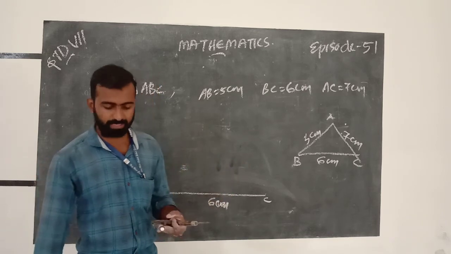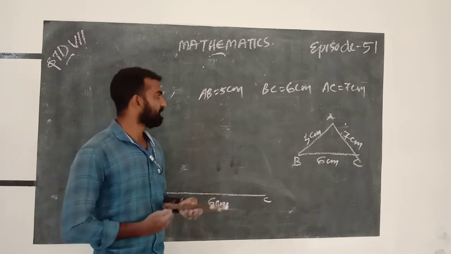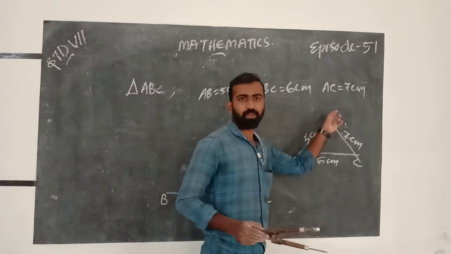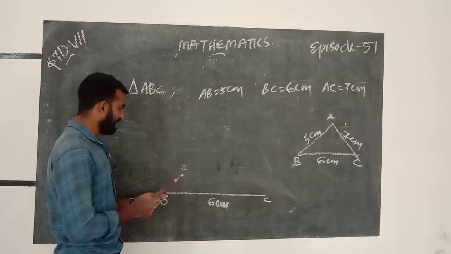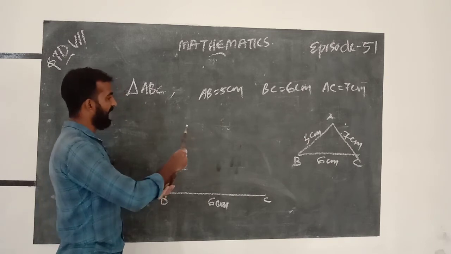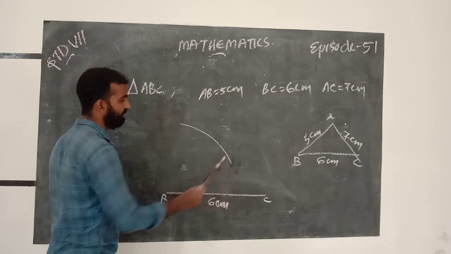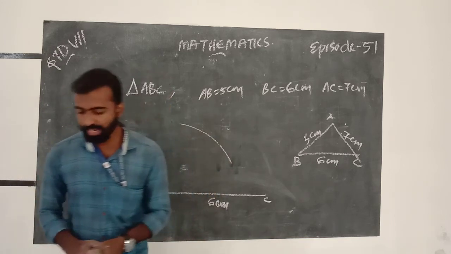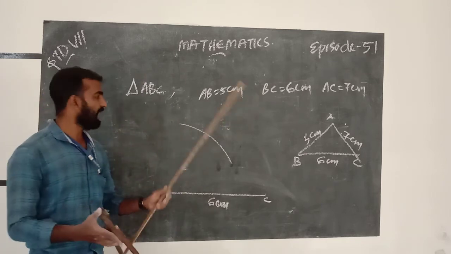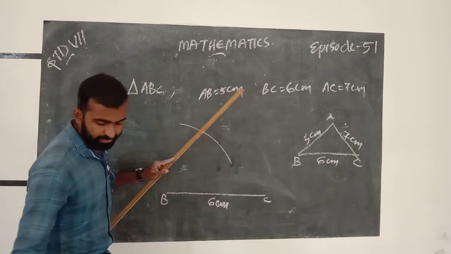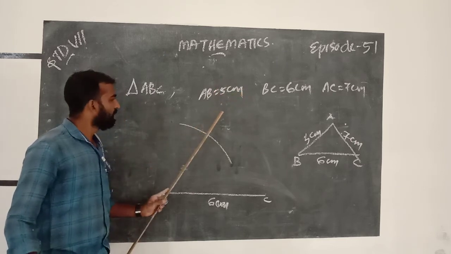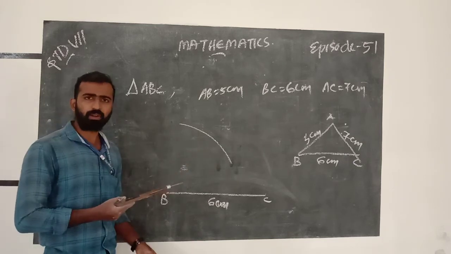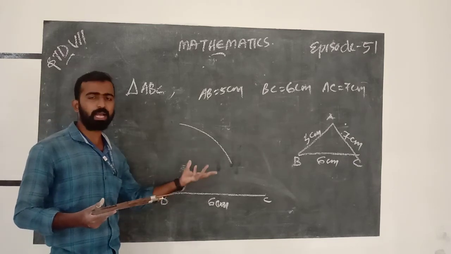We take 5 centimeter, B to A. So we take B as the center and draw an arc. If you want to draw a line, you can, or we don't neglect that step.